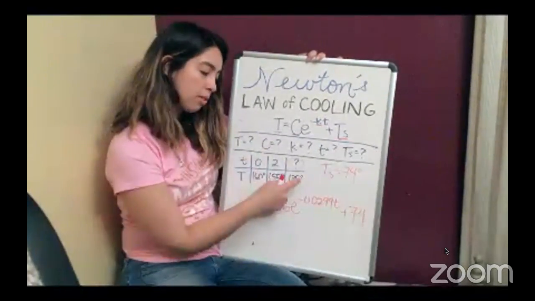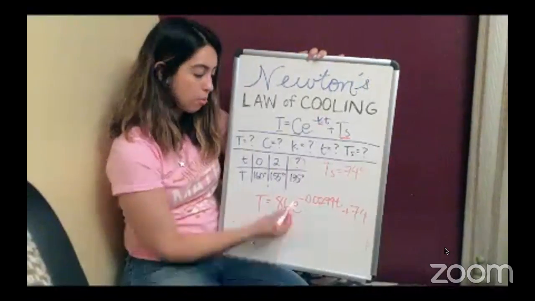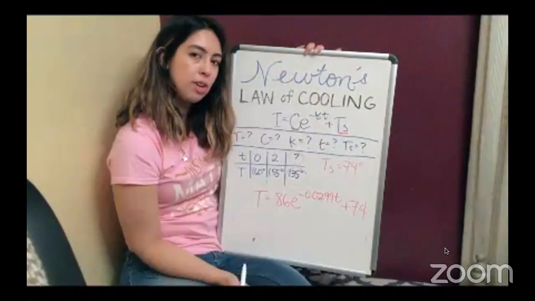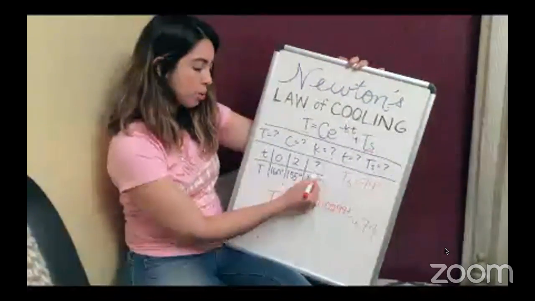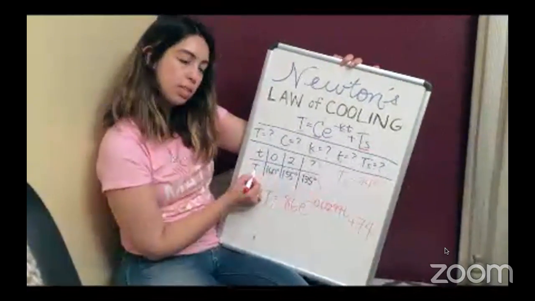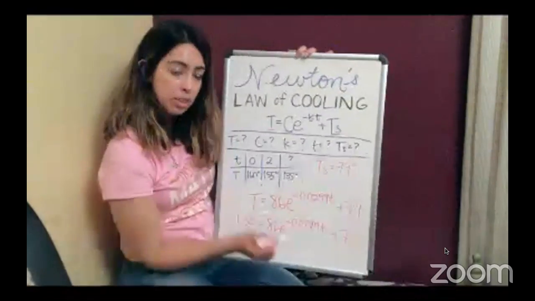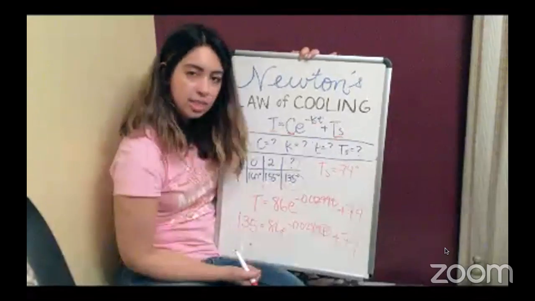My goal is to figure out how long it will take for me to finally take a sip when the coffee reaches 135 degrees. So I'm going to take 135 degrees, plug that in for my T, and I will need to solve for that t value there.